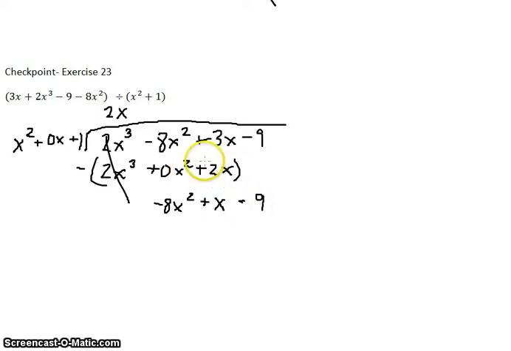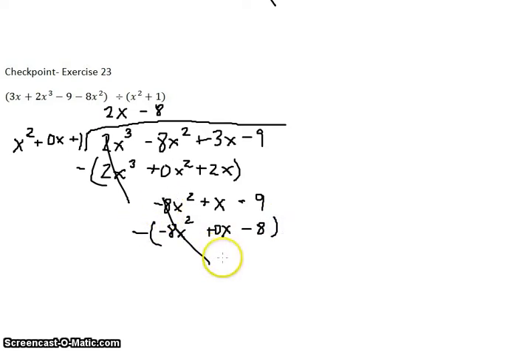So I carry down the negative 9. So now I divide the x squared into negative 8x squared, and I'm left with negative 8. So I take everything, times it by a negative 8. I'm left with negative 8x squared plus 0x minus 8. So I'm going to subtract all of this again.